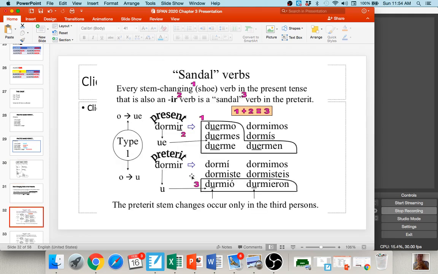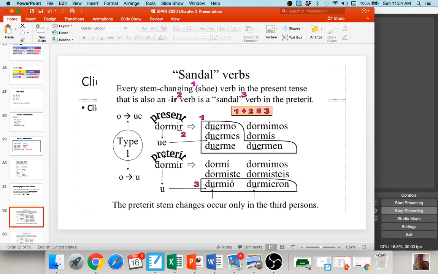So for example, let's take a verb like dormir, which you know means to sleep. Dormir changes from O to UE when it's in the present tense. It is an IR verb. In the present, it changes from O to UE. In the preterite tense, therefore, instead of changing from O to UE, it's only going to change from O to U. And instead of changing in the boot, as you can see up here in the present, it's only going to change in the sandal, in the third person singular and plural forms, what I've nicknamed the sandal.